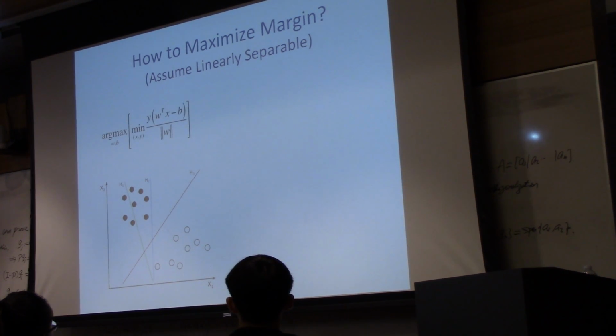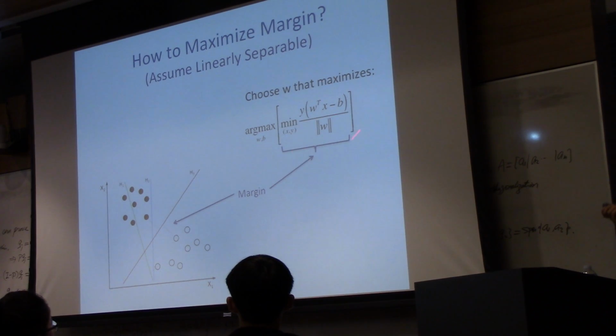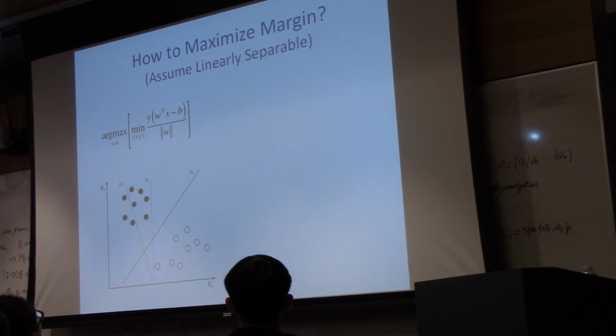So how do we solve this problem? This problem as stated is hard to solve, right? Because we're dividing by the W that's part of my optimization parameters. So this is not necessarily the form of the problem that I would like to solve. There are other equivalent forms, which I'll show you in this slide. So here's a different formulation.